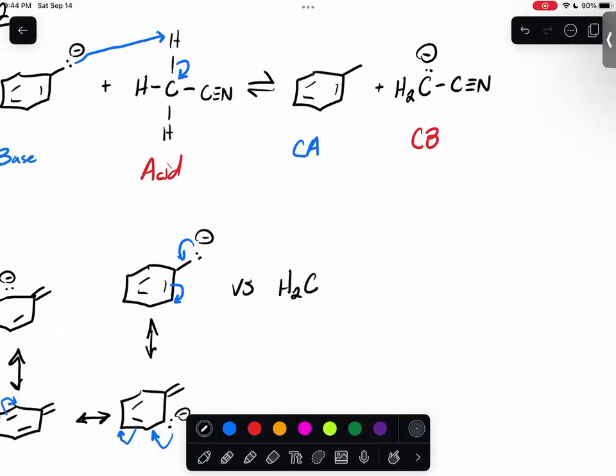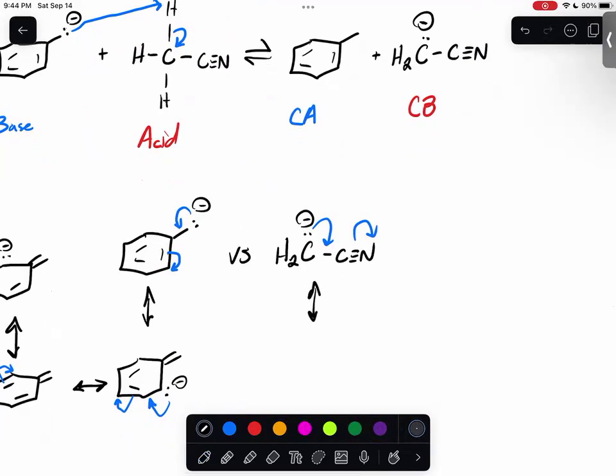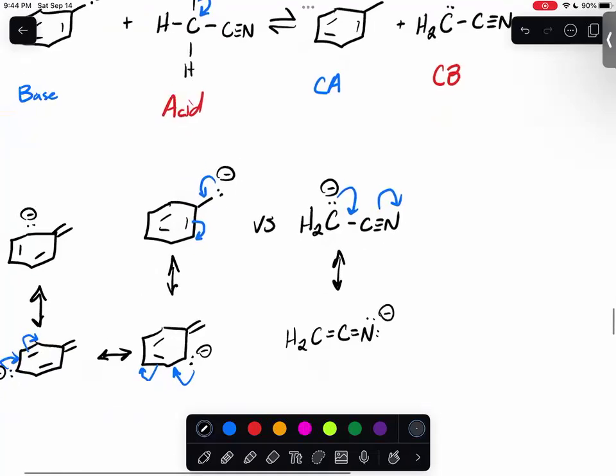Now we can compare this to our conjugate base. It's another carbon with a negative charge. But looking at this one, we can do resonance here, break that triple bond, push the electrons up to the nitrogen. And this gives us a resonance form with a negative charge on a nitrogen. So these both do resonance.